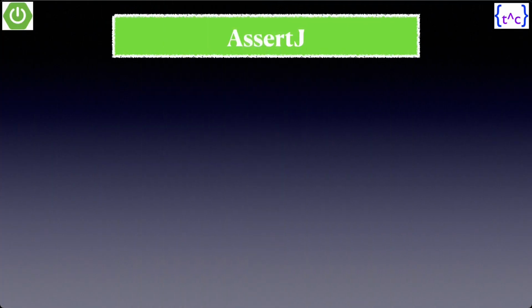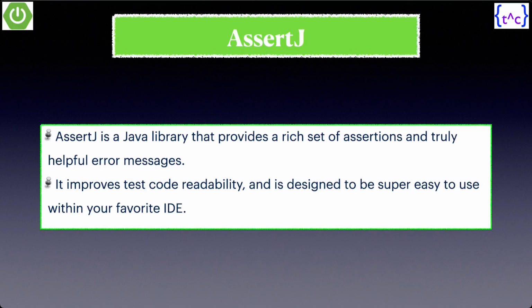Another library which we'll be using is AssertJ. AssertJ is a Java library, and it provides a rich set of assertions and truly helpful error messages for Java developers. The developer writing the unit test cases will be using the AssertJ library for writing the assertions. What do we mean by assertions? We write assertions in order to specify how my program should behave.